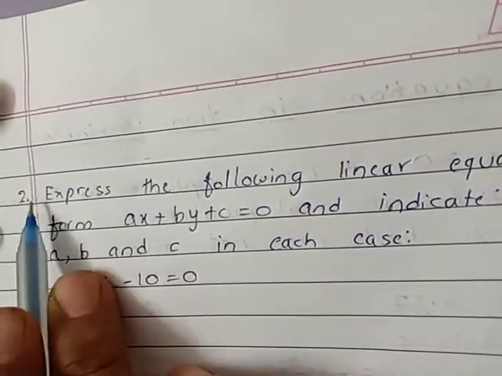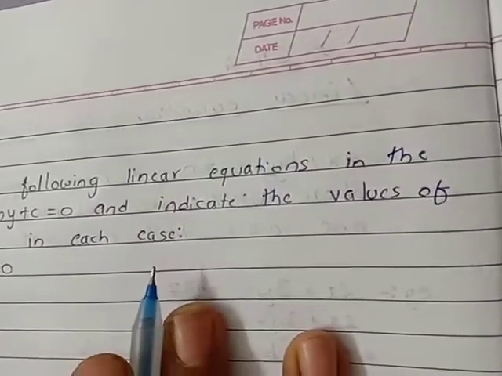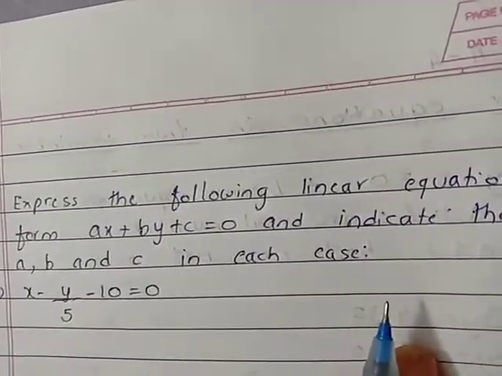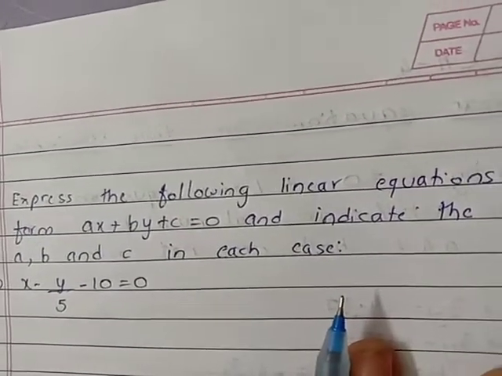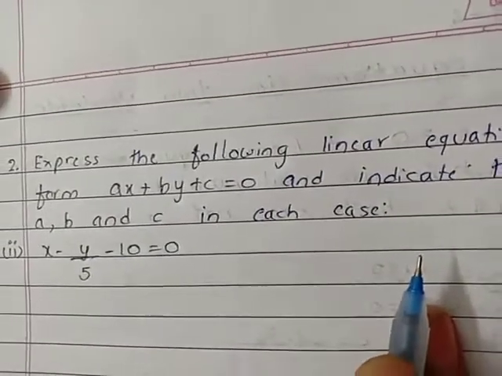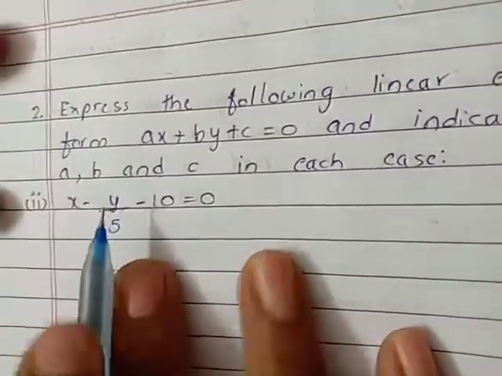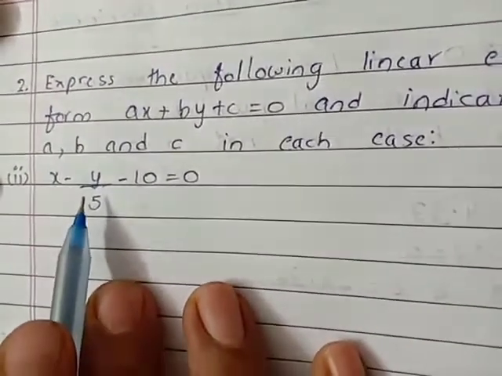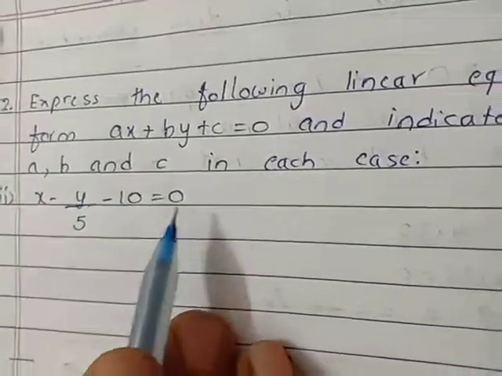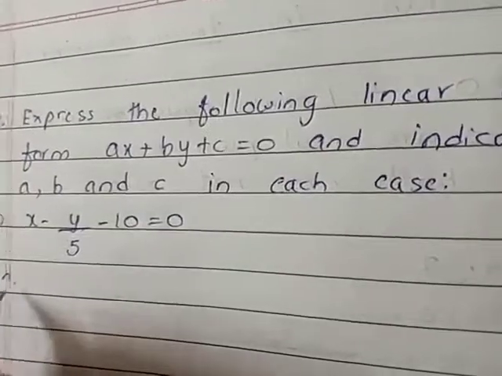Let's solve example number 2. Express the following linear equations in the form of ax plus by plus c equal to 0 and indicate the values of a, b and c in each case. The first one is x minus y by 5 minus 10 equal to 0. Okay. So now how will we solve this?